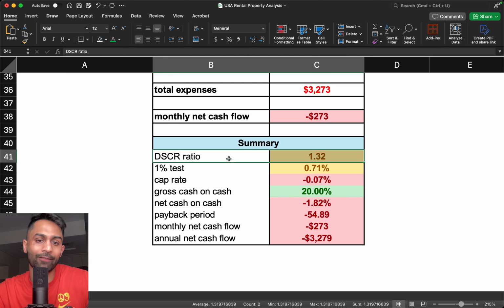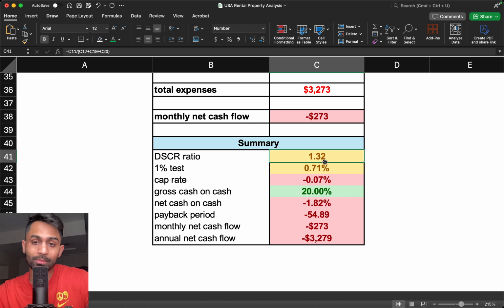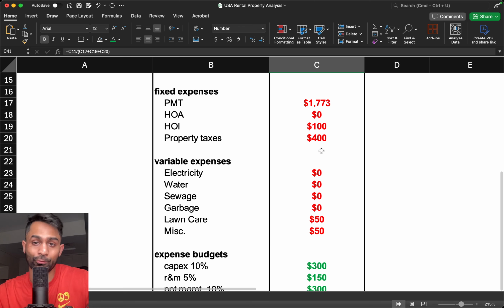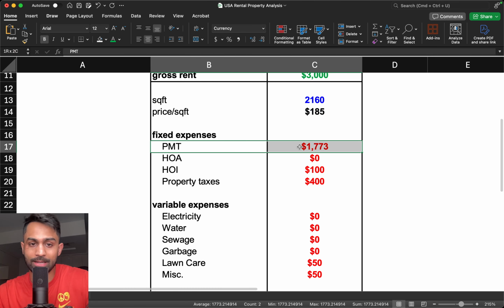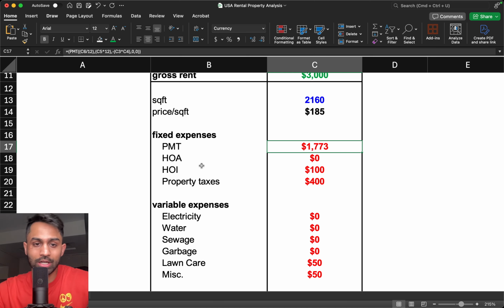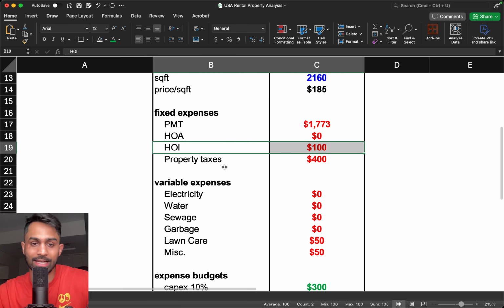So we need to have a ratio of over 1. That is a ratio of the rent that you're able to collect versus the PITI, which is your principal, interest, taxes, and insurance. So basically, for this ratio, I'm comparing the gross rent with the PMT, which is principal and interest, HOI, which is homeowners insurance, and we've got property taxes.